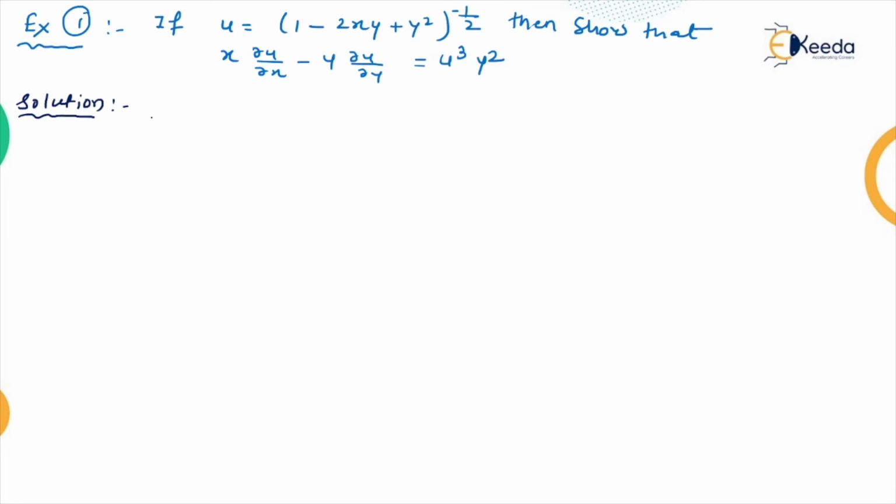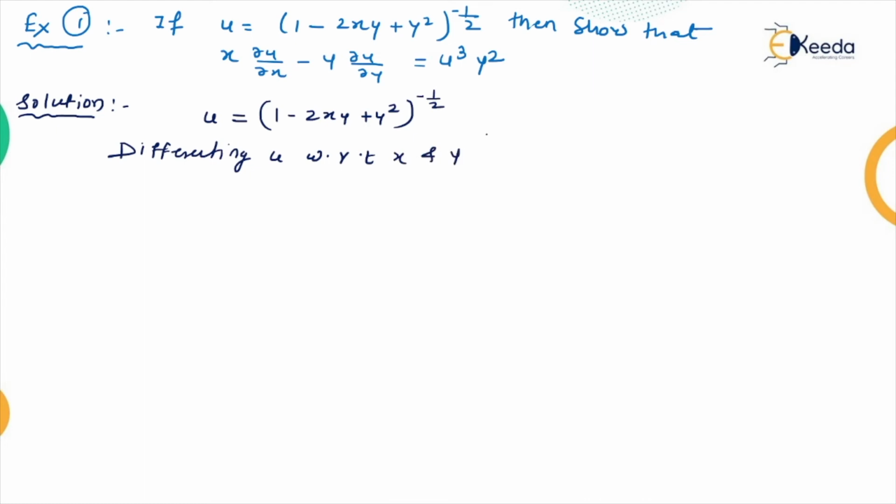So I am writing the given term as u is equal to (1 − 2xy + y²) raised to the power −1/2. Right, now differentiating this u with respect to x and y, but taking what type of differentiation? Partially.